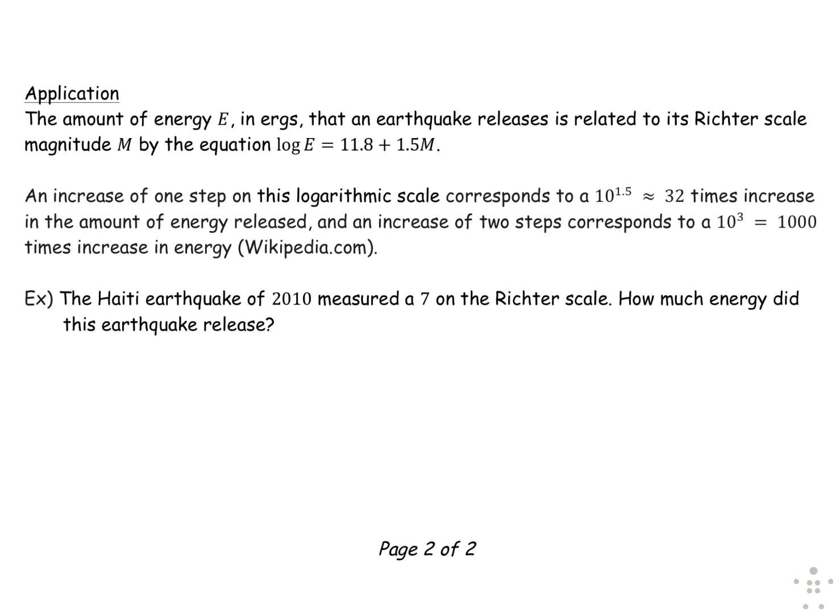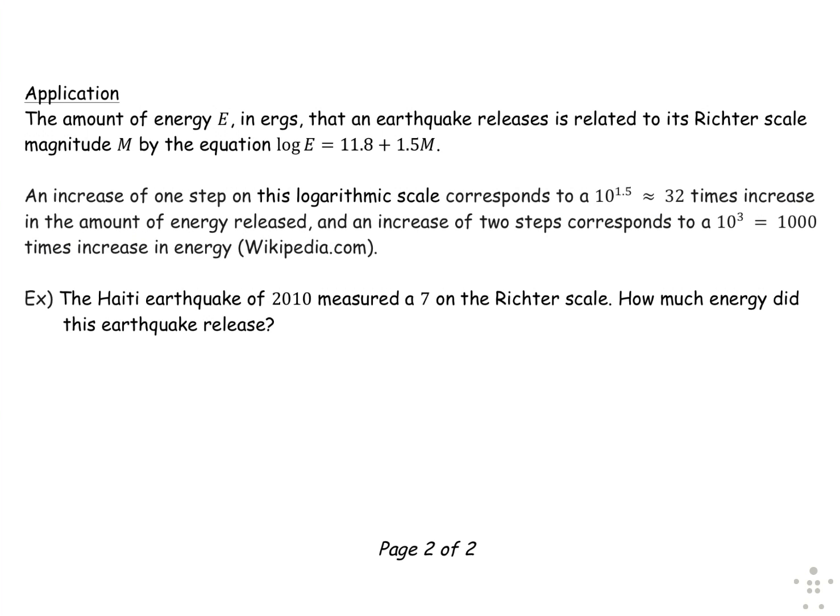So an increase of 1 step on this logarithmic scale, like going from a pH of 6 to a 7, from a weak acid to neutral, like water is a 7, corresponds to 10 raised to the 1.5 power, which is about a 32 times increase in the amount of energy released.